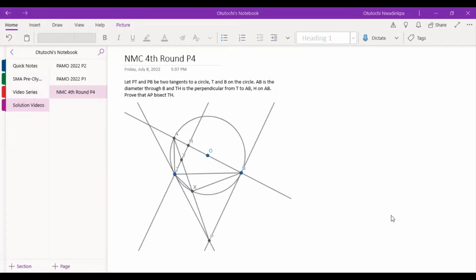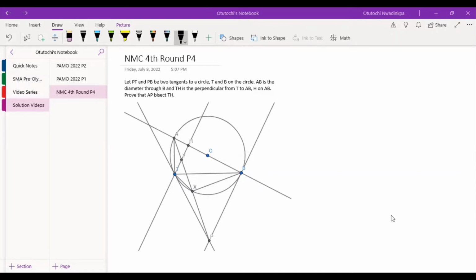So basically what we want to show is that TY is equal to YH, where Y is the intersection point of AP and TH. Also, let's call X the second intersection point of AP and the second circle of ABT.